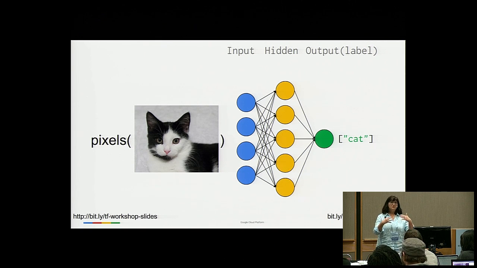And you do this working backwards from your outputs to your inputs. So that's where the name backpropagation comes from. And we'll show in a little bit how you do this in TensorFlow.